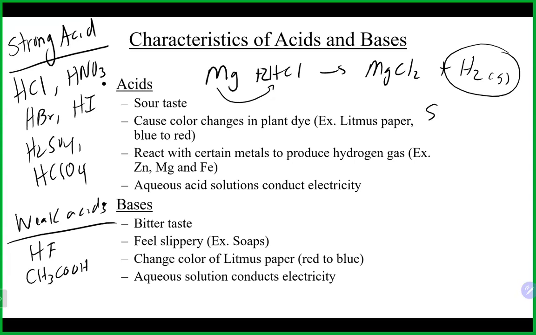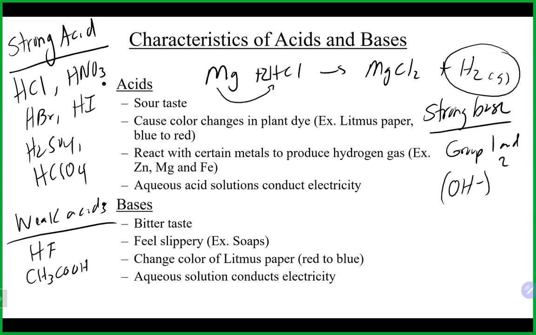Most of our strong bases are going to be from group 1 and 2 on the periodic table that have hydroxide in them, like sodium hydroxide, potassium hydroxide, calcium hydroxide, and so forth. So a lot of the strong bases are going to have hydroxide in the actual formula, and a metal from group 1 or 2 is probably a safe bet that it's going to be a strong base.